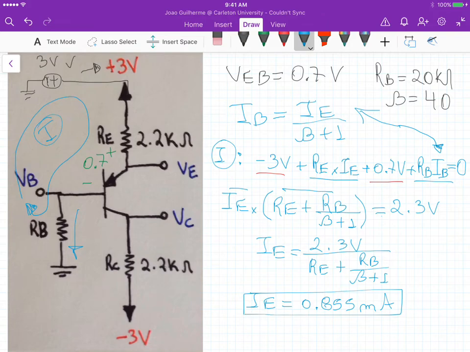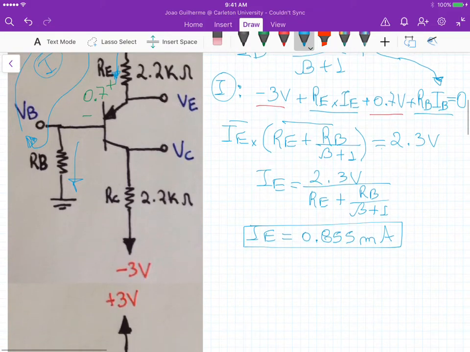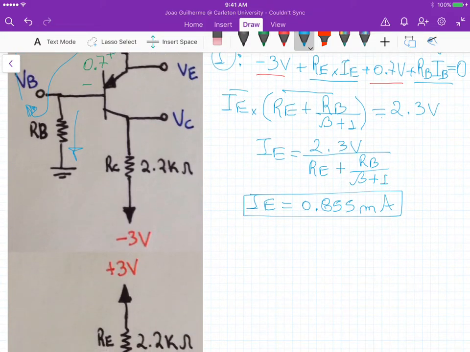So that's this current here that's flowing through this emitter resistance, right? That's coming inside the BJT. Now, because we again assumed active mode operation, we know that the current at the collector, IC, is equal to alpha times IE.